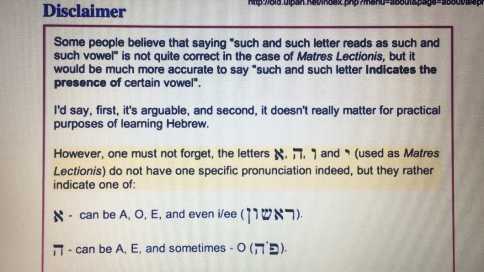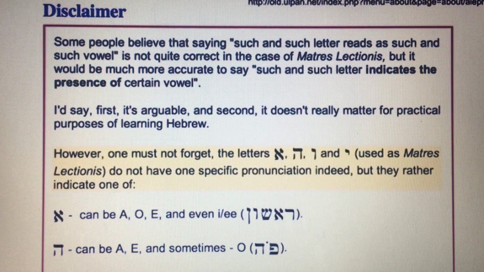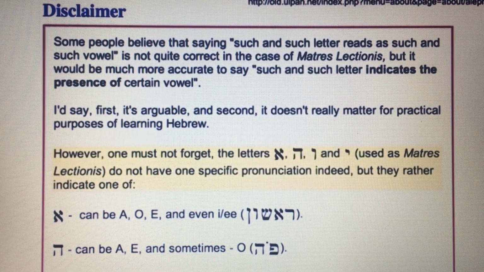Meaning, these letters don't produce the same sound consistently when you look at all the different writings that use them. It says, Aleph can be A, O, E, and even IE. It says, Hey can be A, E, and sometimes O, etc.